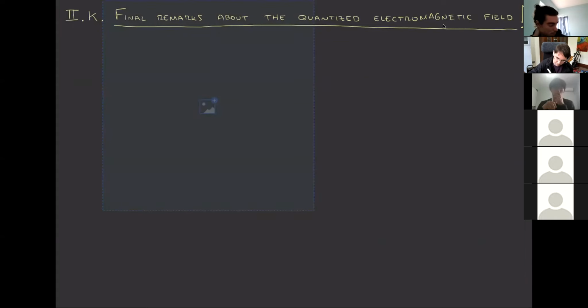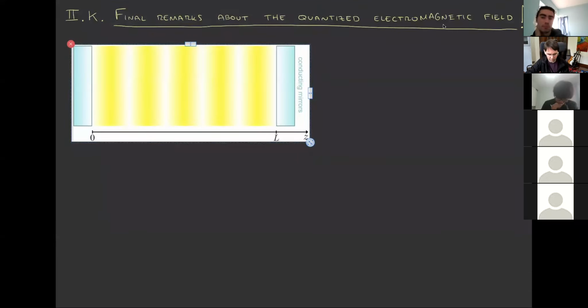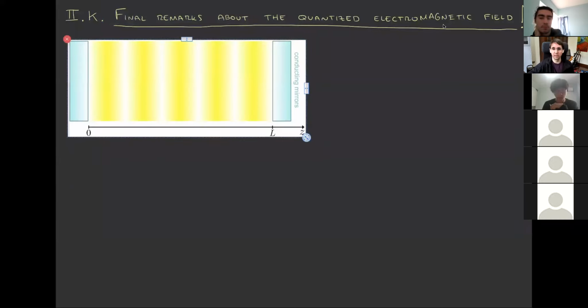Let me start with this part. I remind you very quickly that the first thing we did when we started the chapter was quantizing the electromagnetic field inside an optical cavity, okay?